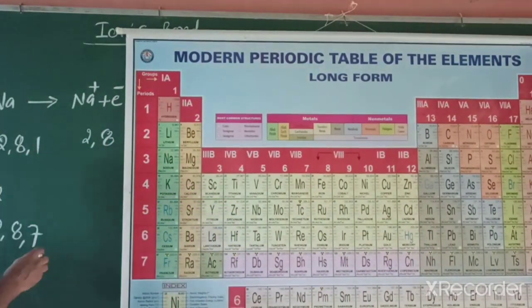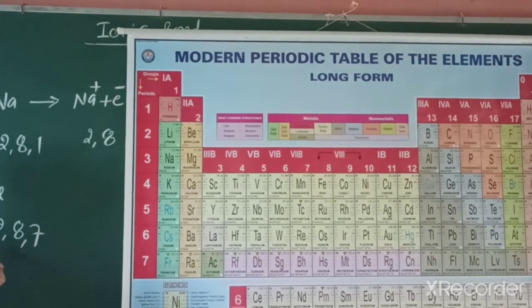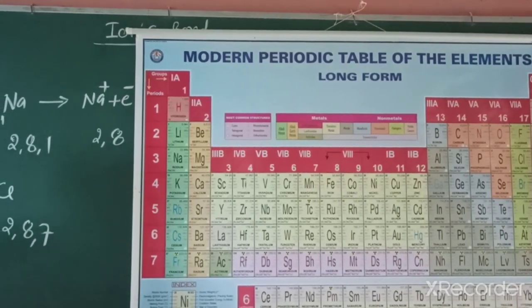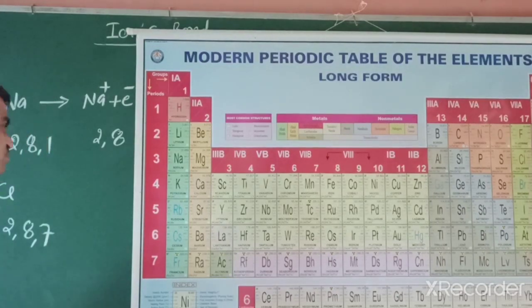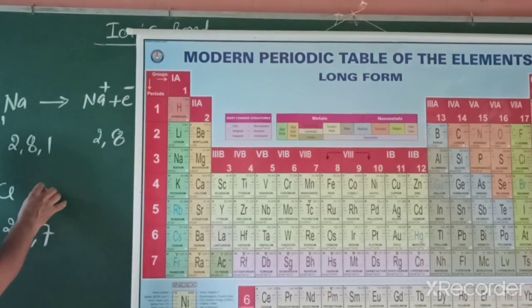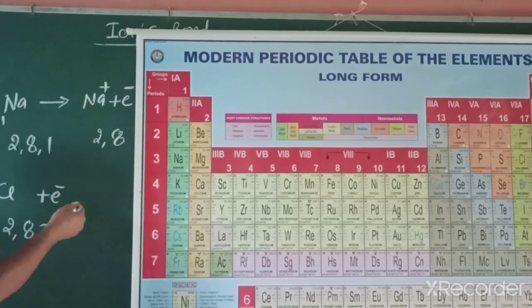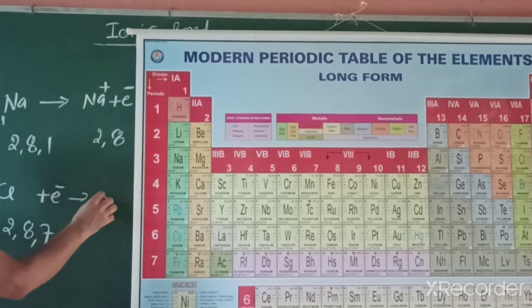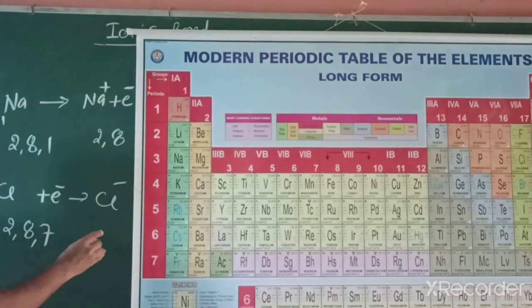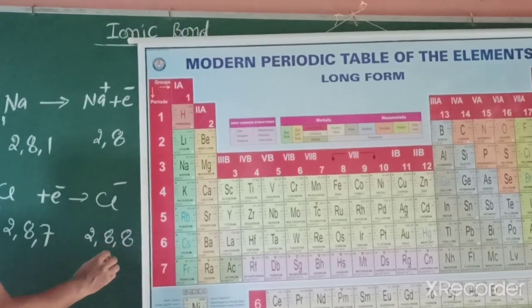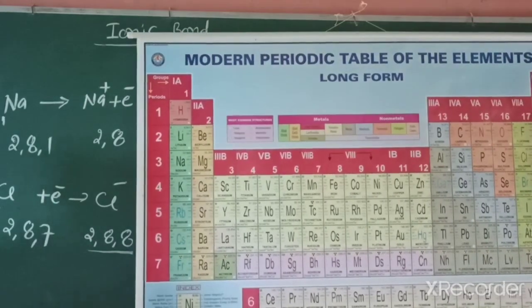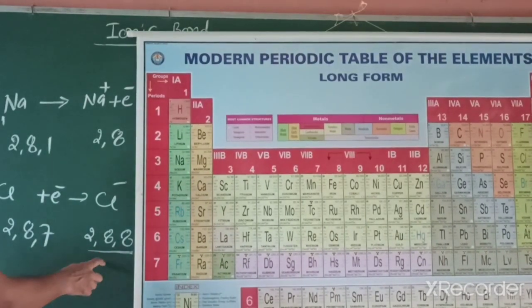So what will it do? Either it loses 7 electrons or gains 1 electron. Losing 7 electrons is slightly difficult, so it gains 1 electron. It takes 1 electron from sodium or others, then it changes into chloride. Now its configuration is 2, 8, 8, similar to argon. So this again is stable.